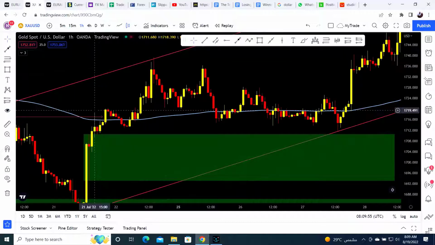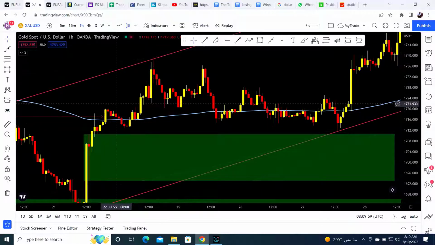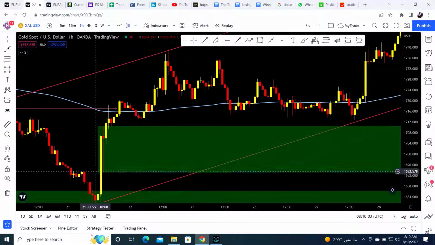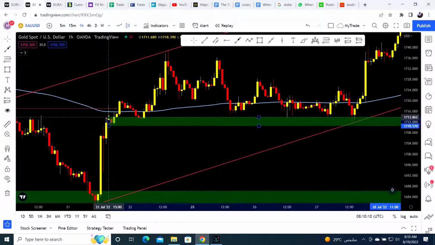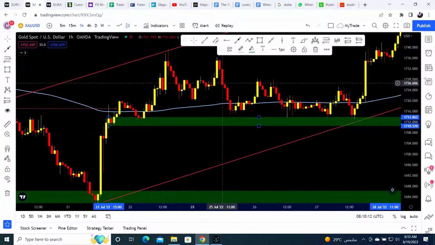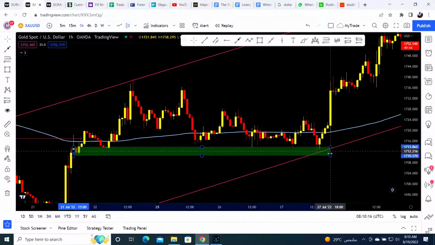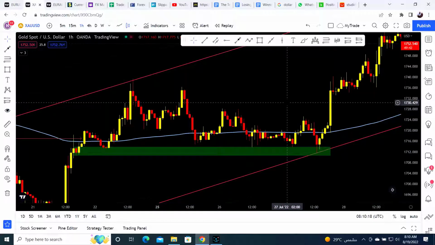Price went to this level, the next candle it came to test before it went. Assuming you even lost this entry, the next candle we had was this candle over here. You pick that one. Then you tell yourself, whenever price comes to test that zone, I will look for entry.